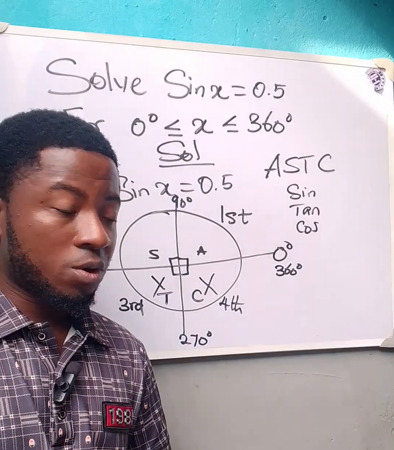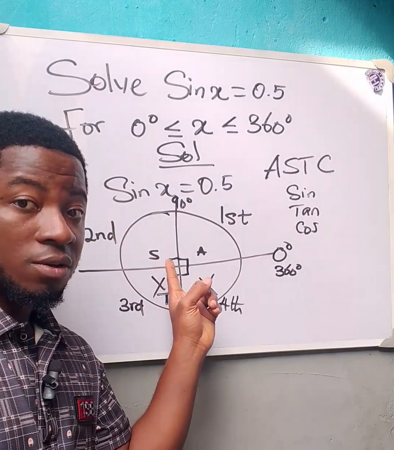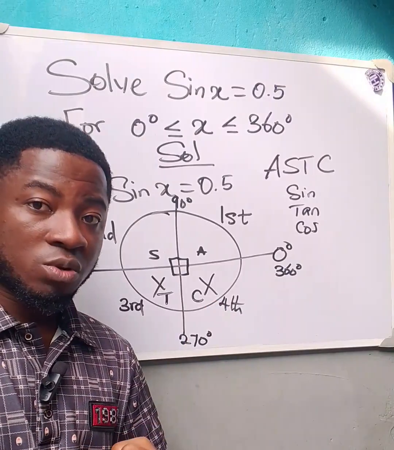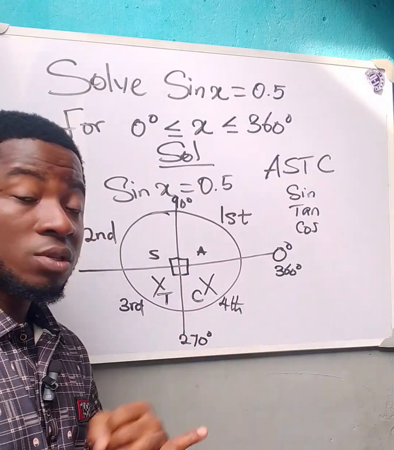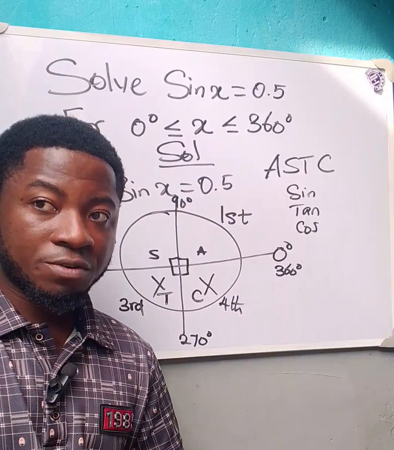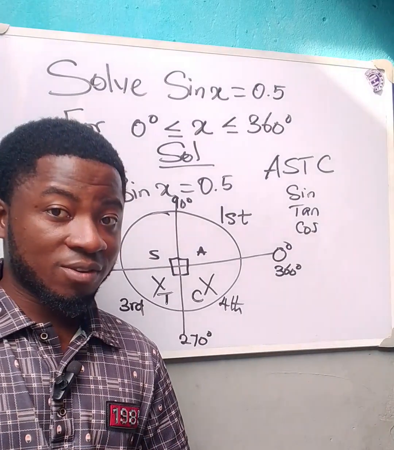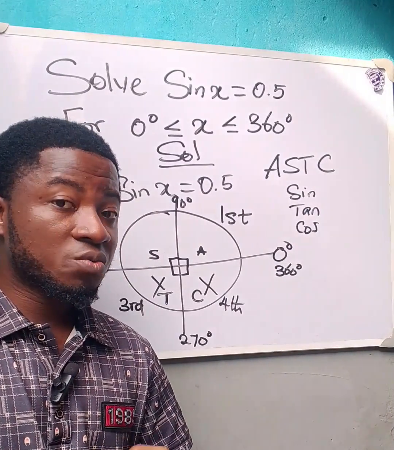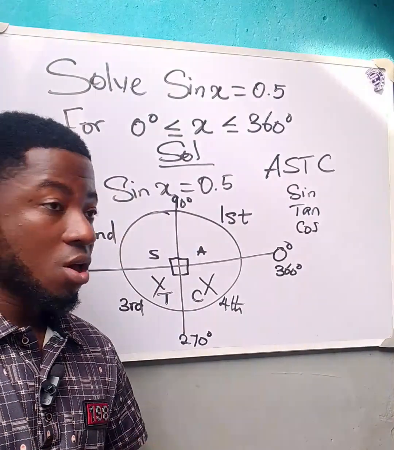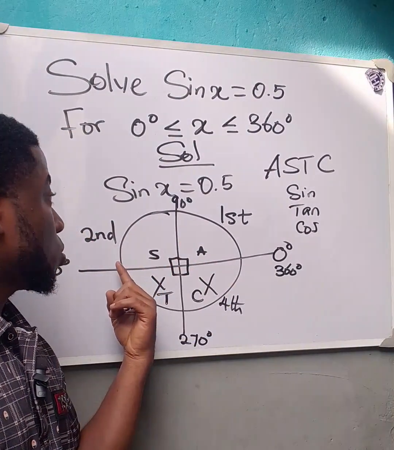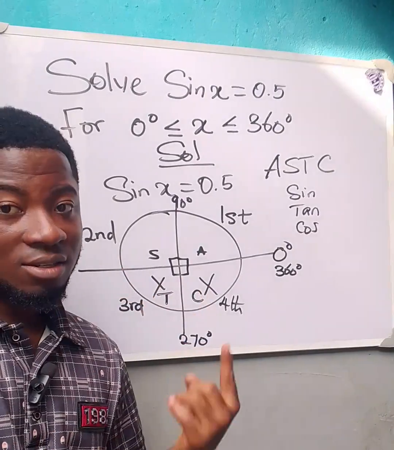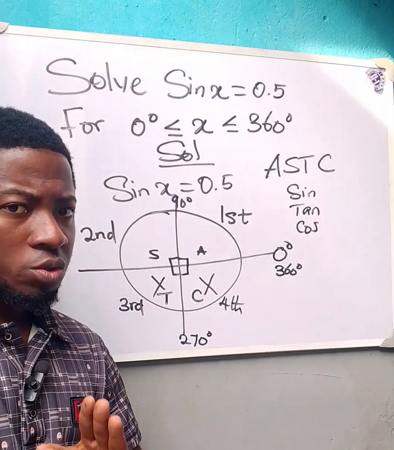Our emphasis will be on the first and the second. Remember, the angles in the first quadrant range from 0 degree to 90 degree, and in the second quadrant, it ranges from 90 degree to 180 degree.